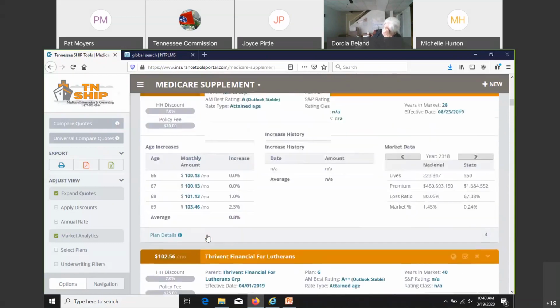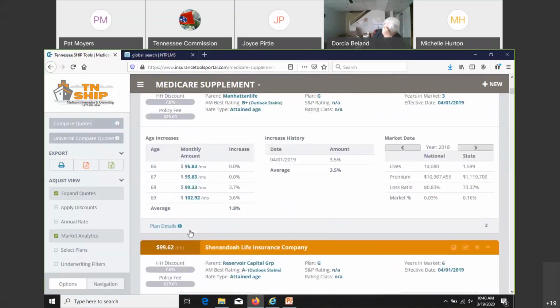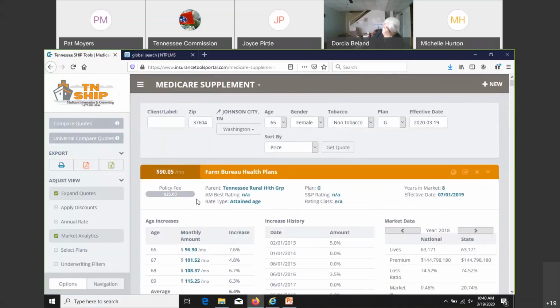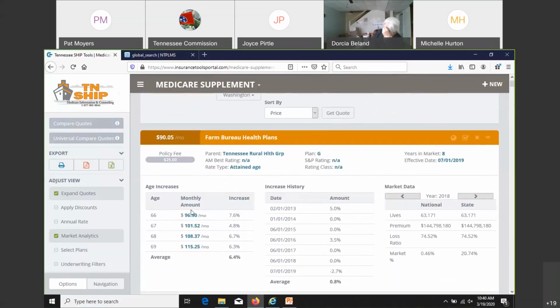If you look at this first one that we looked at, Farm Bureau, it's only going to take about 3 years before that person is going to age up and that plan becomes more expensive than their community rated plan. And after those 3 years, that plan continues to get more expensive each year that they get older.